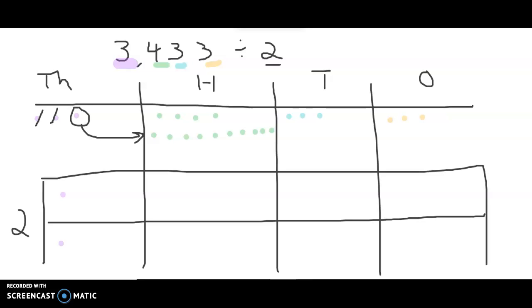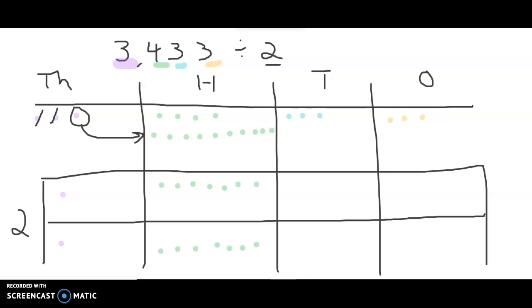I'm going to split them into my 2 groups, as many as I can, as long as they are equal. 100, 200, 300, 400, 500, 600, 700, 800, 900, 1,000, 1,100, 1,200, 1,300, 1,400.